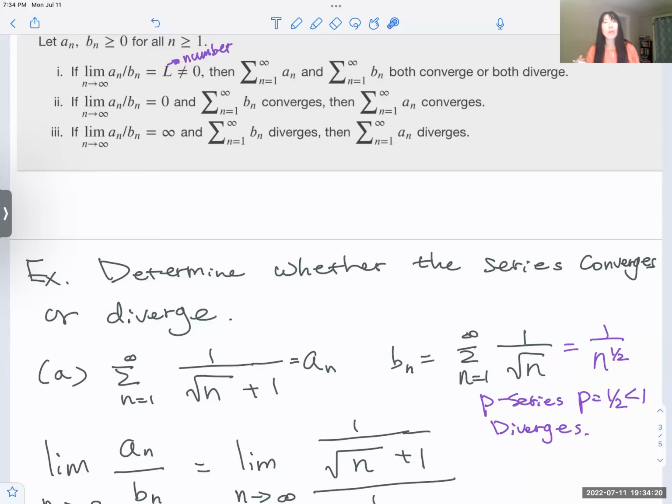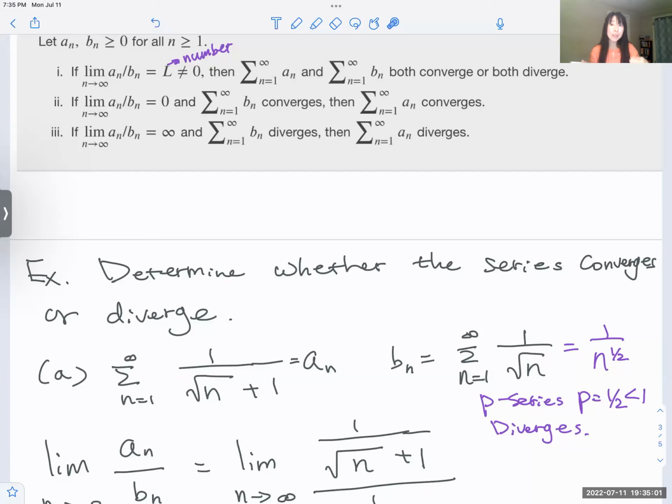Then we compare, determining whether the B sub n series converges or diverges, and what kind of series we are using. Then we conclude that if the bigger series converges, the smaller one converges. If the smaller series diverges, then the bigger one diverges.